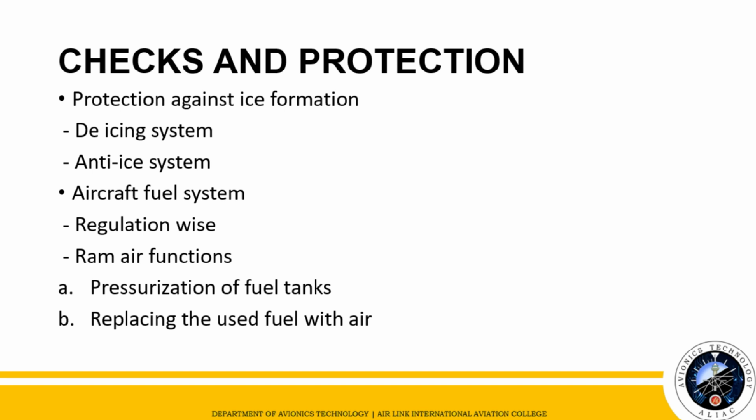In a modern multi-engine passenger or cargo aircraft, the fuel system is likely to consist of multiple fuel tanks which may be located in the wing or the fuselage or maybe both, and in some cases in the empennage.